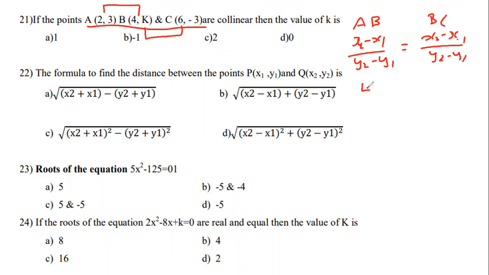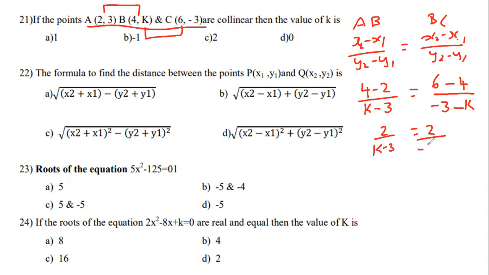x2 is 4 minus 2 divided by y2 is k minus y1 is 3, equals x2 is 6 minus x1 is 4 divided by, for this I'm grouping, y2 is minus 3 minus y1 is k. 4 minus 2 is 2 divided by k minus 3 equals 6 minus 4 is 2 divided by minus, I will take common, it will become 3 plus k.